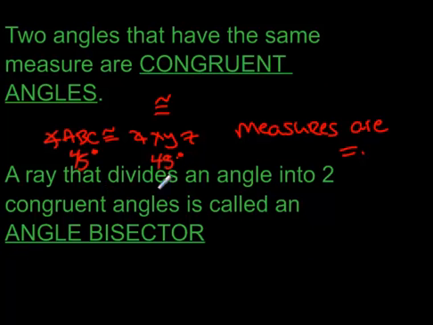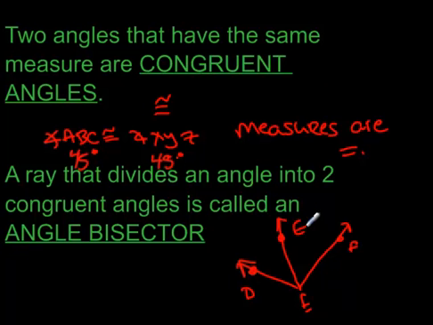A ray that divides an angle into 2 congruent angles is called an angle bisector. And the way that we see that, if I have angle, let's call this DEF, and I tell you that ray EG bisects angle DEF.